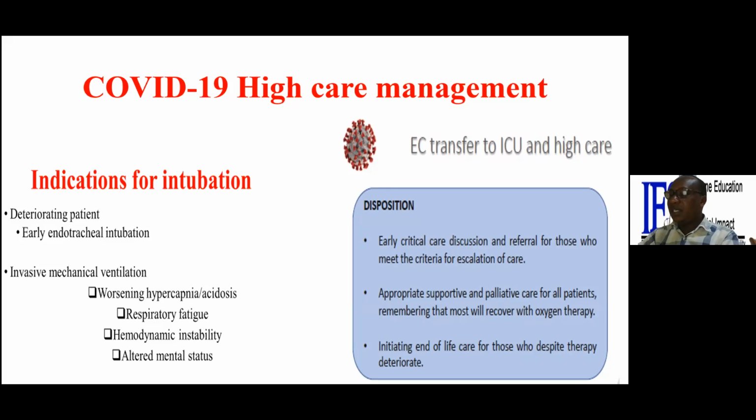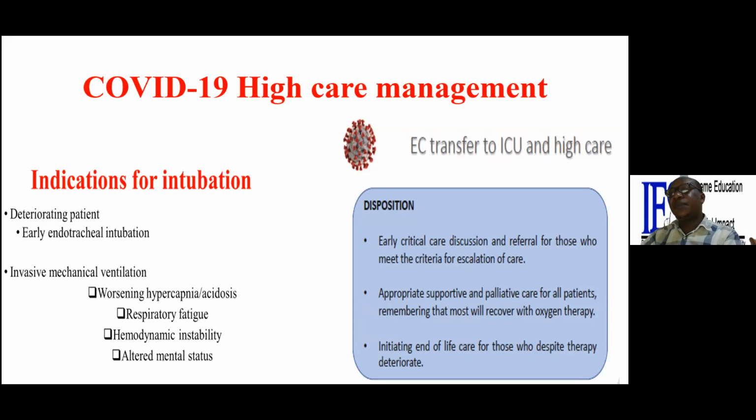The second one is inappropriate support and to initiate palliative care if you already confirmed your patient will not recover. Of course, the last one, if you got the point that your patient will not recover, you will initiate end of life care support.